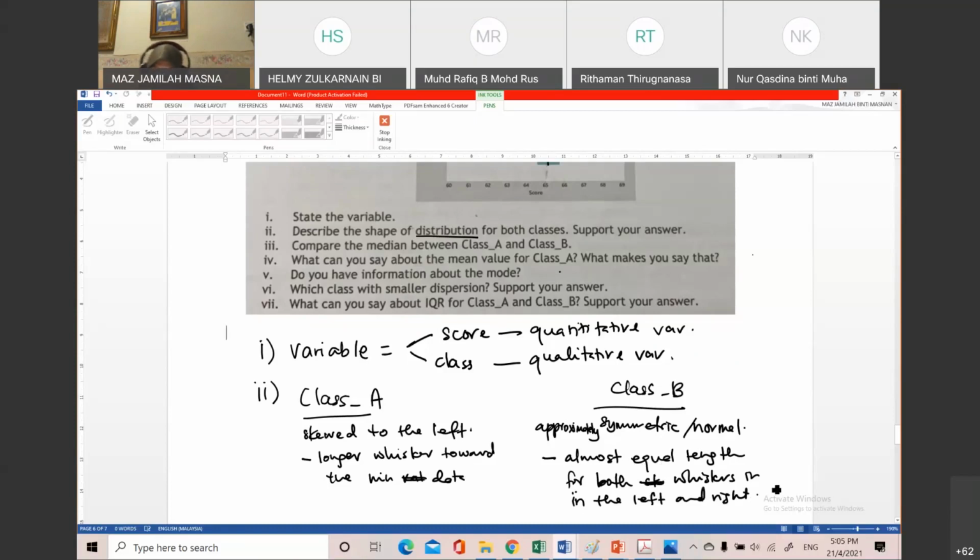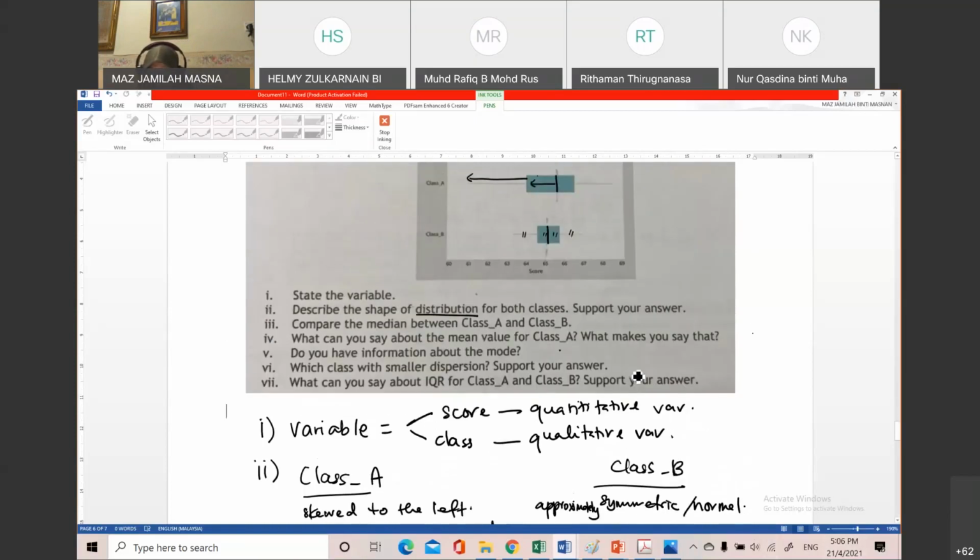So we are talking about the whiskers almost the same, the box also almost the same. That is why we state approximately normal.